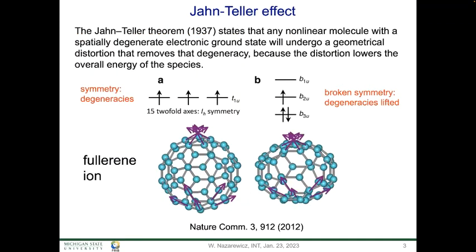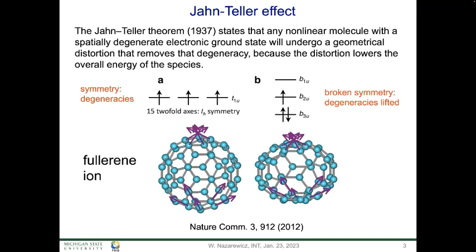Okay, so the nuclear deformation is an example of the Jahn-Teller effect. The Jahn-Teller theorem was formulated in 1937 by Jahn and Teller in London.